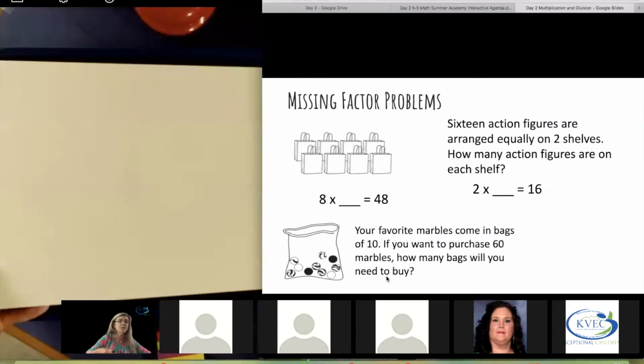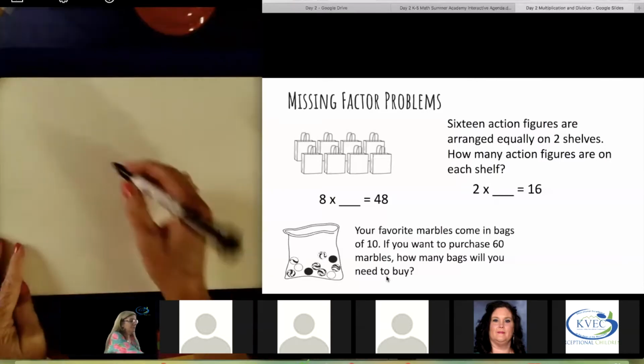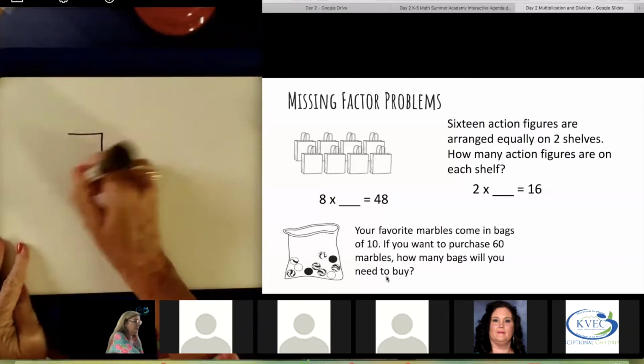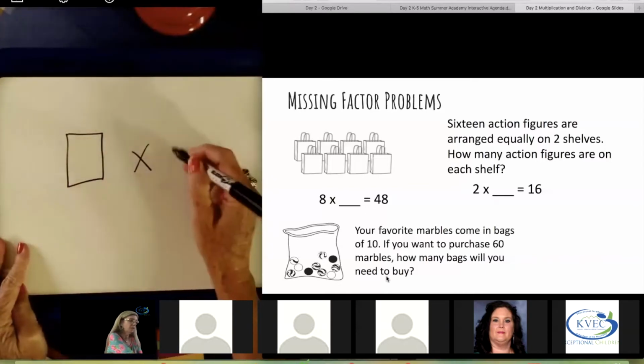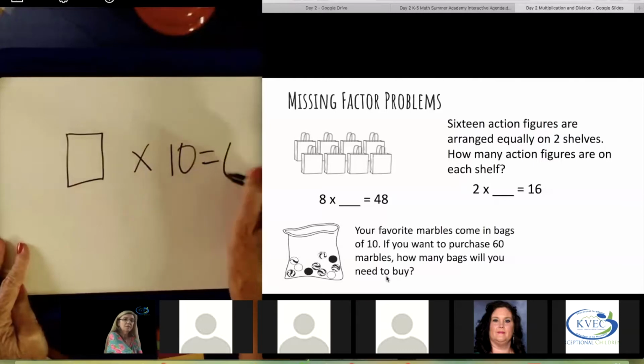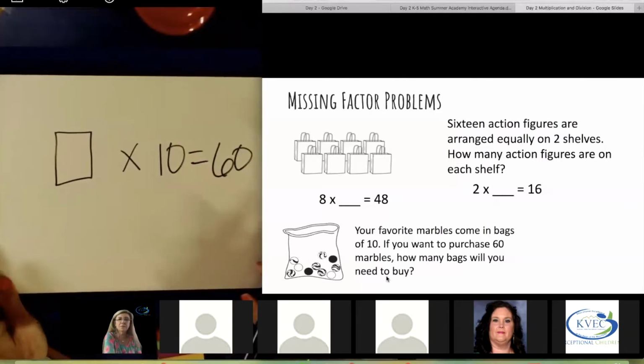We know what's in each group, but we don't know how many groups we need. So here, we're looking at how many groups of 10 is 60. Well, that's what we're looking at here.